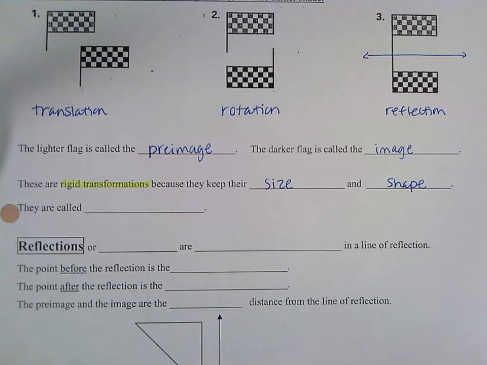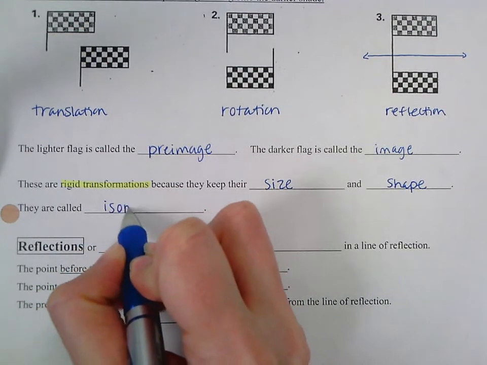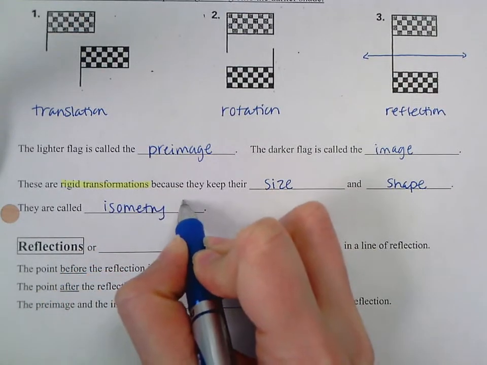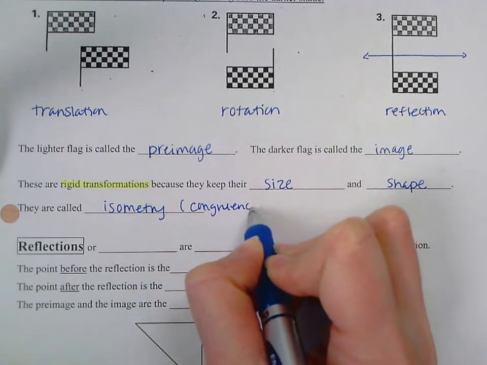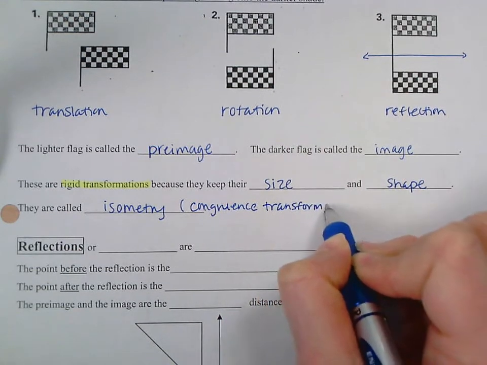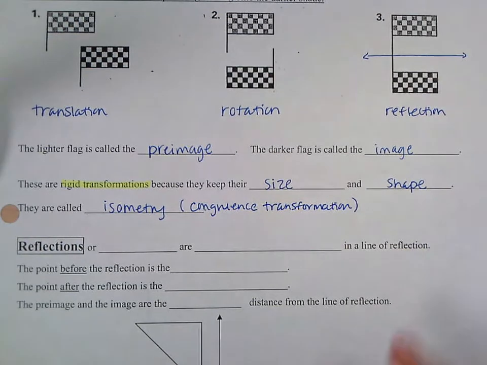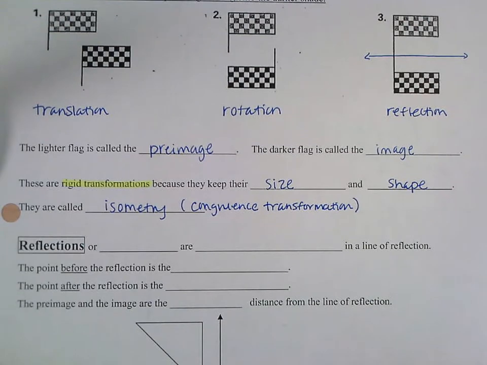Shape, yes, but size, no. And then these are called, so we have this word isometry, but they are also called a congruence transformation, because the 2 images, the pre-image and the image, are the same size and shape, so they're congruent to each other. But then this is another term that means that, isometry.